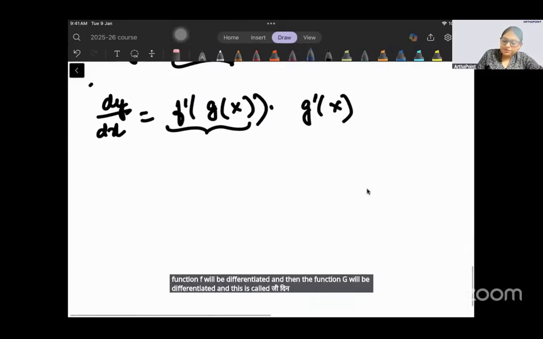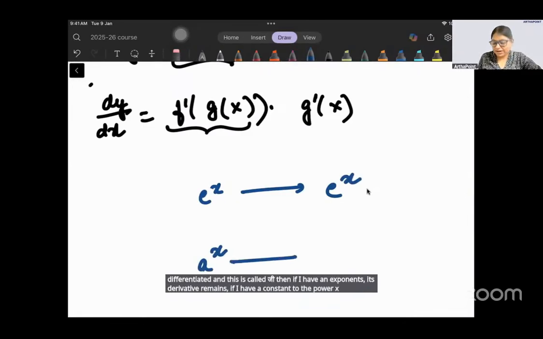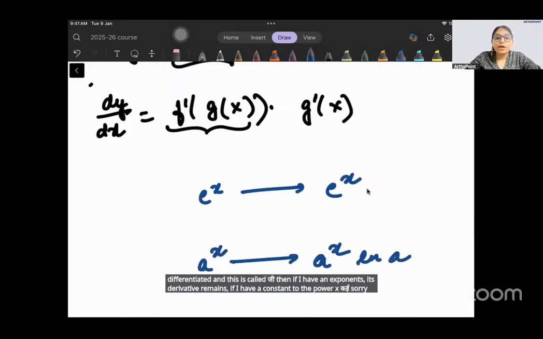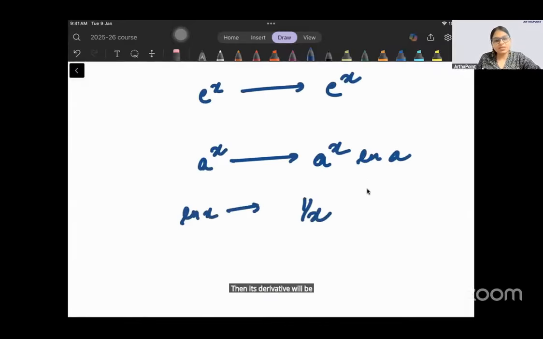Then if I have an exponent e to the power x, its derivative remains as it is. If I have a constant to the power x, then its derivative will be a^x ln a. If I have ln x, then its derivative will be 1 by x.